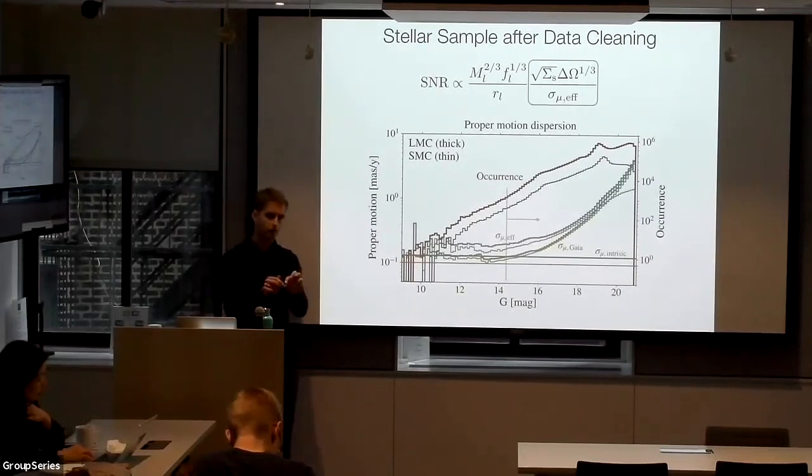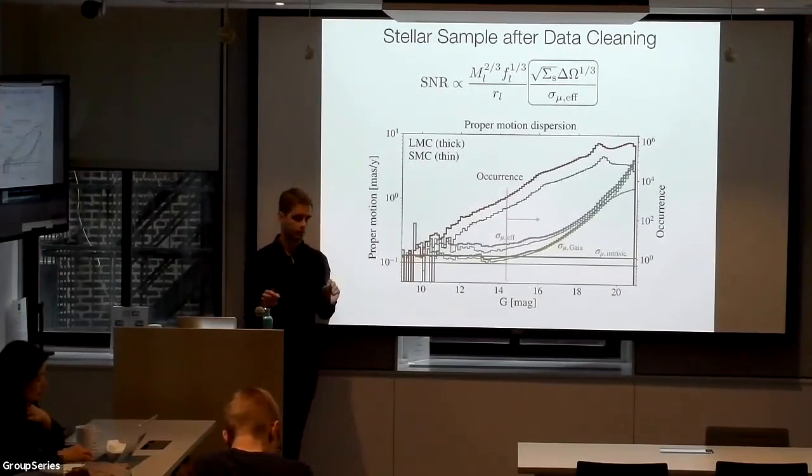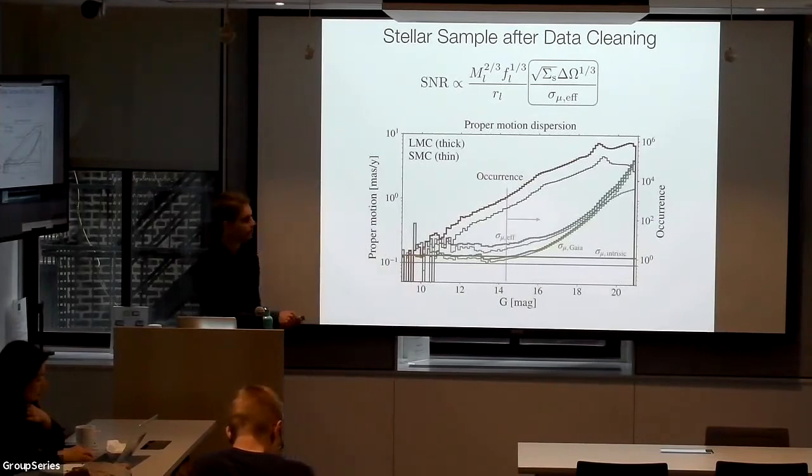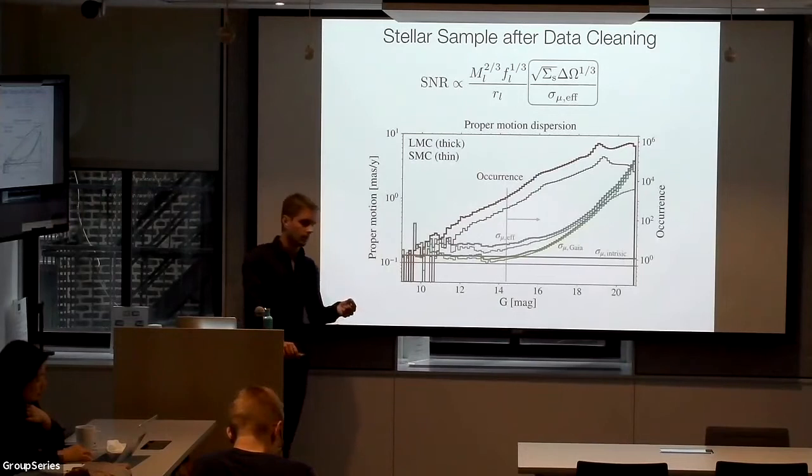There are correlations on large angular scales in the Gaia data, as measured on the quasars, for example, but not on small scales. I mean, maybe lensing does, but we've investigated this, and it seems that to a large degree, there's very little correlation from star to star on small scales.